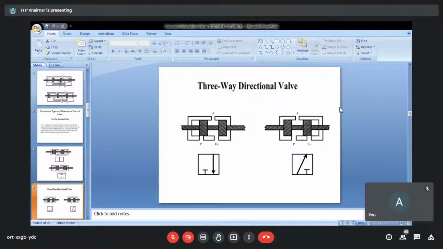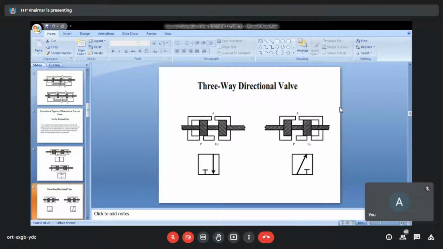So for this three-way directional valve, you can see the right and left symbols. Due to the position of the piston, the inlet port P is blocked. You cannot allow air to pass through that. In that case, A is connected to exhaust.